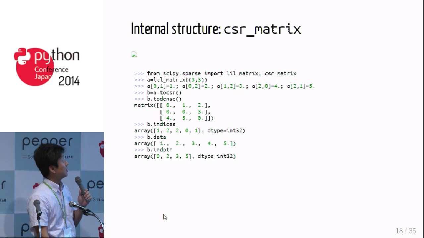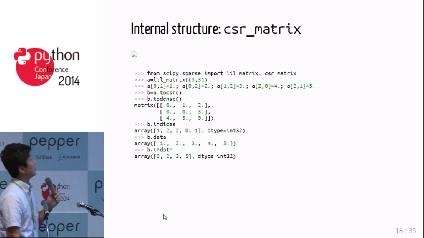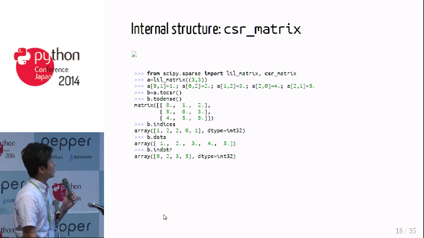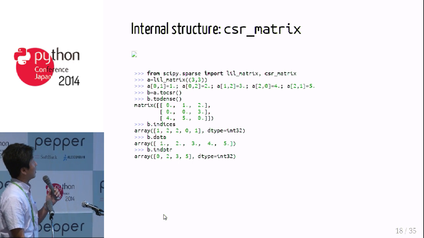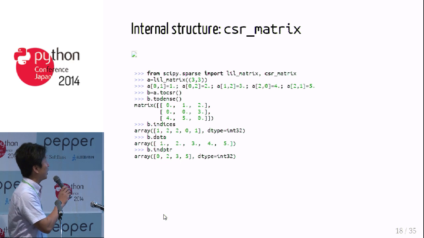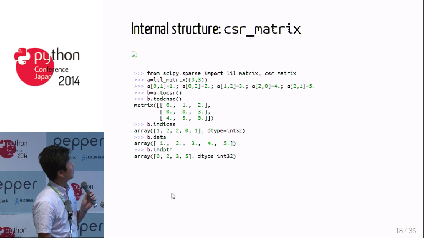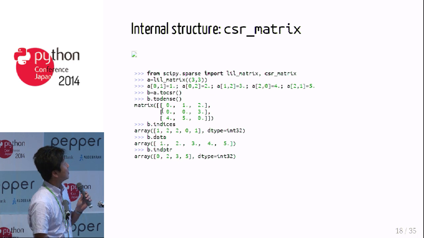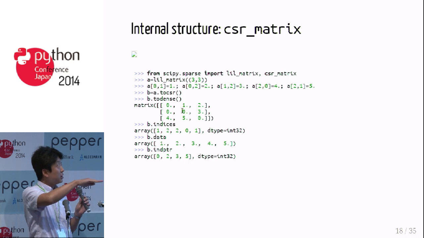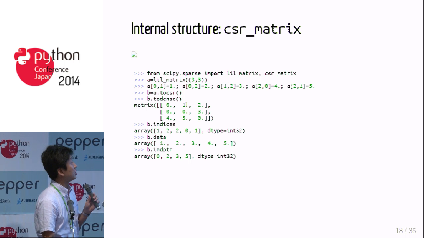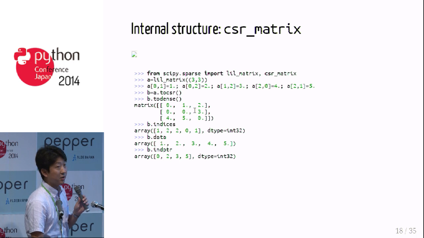Sorry again, there's no image. So this shows the internal structure of CSR matrix. I think it's hard to explain without an image, but I'll try. In CSR matrix, data is stored in this order. But it only has to remember non-zero elements, so the zeros are skipped.